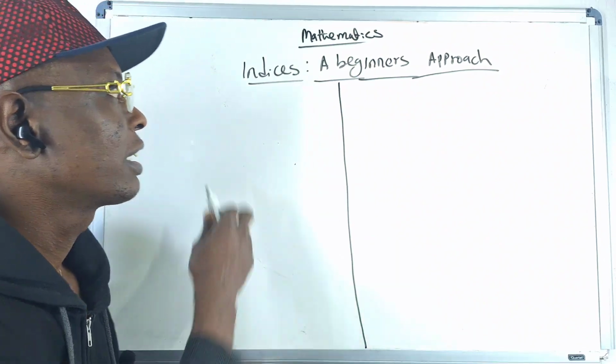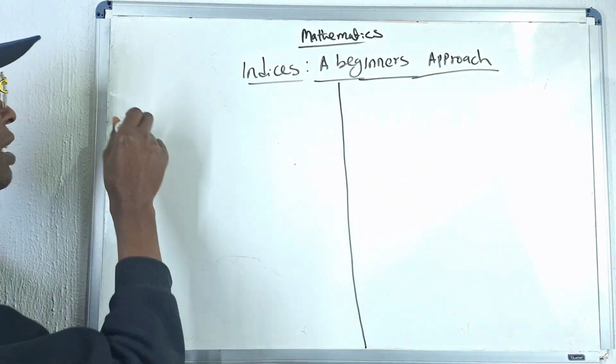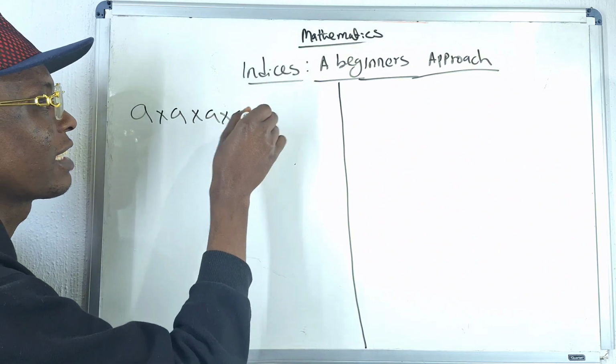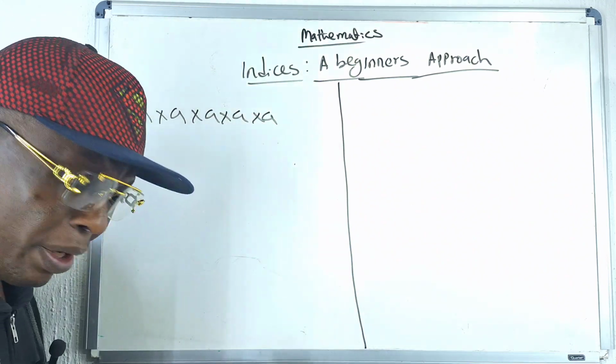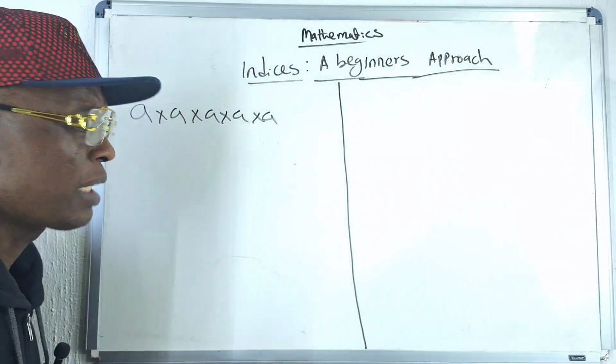Before we dive deep into what indices is, most of us must have come across something of this nature: A times A times A times A times A. Sometimes it looks very cumbersome.